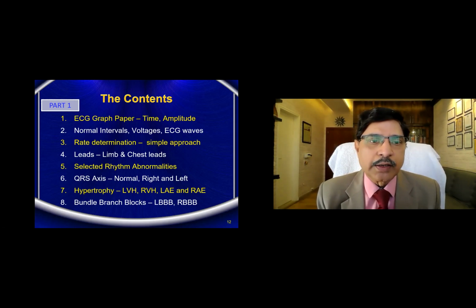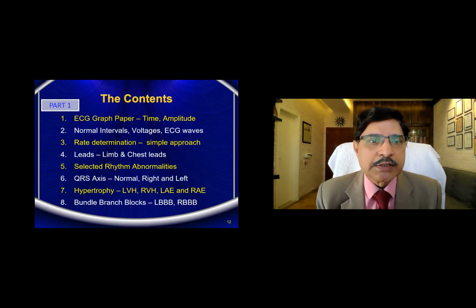So we have to start anything from the basics. So some of you may be very, very familiar with the basics. Kindly bear with me that I have to go through this, otherwise the newer generation students may not be able to understand the process correctly.